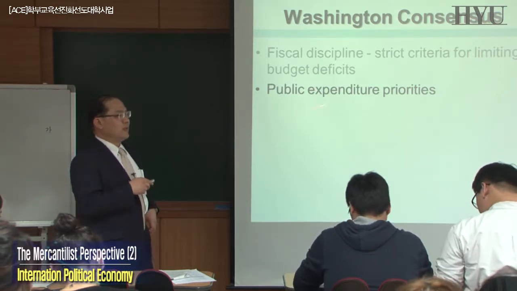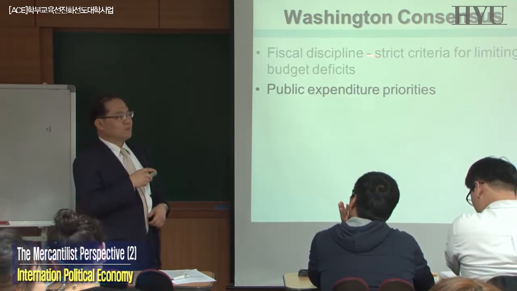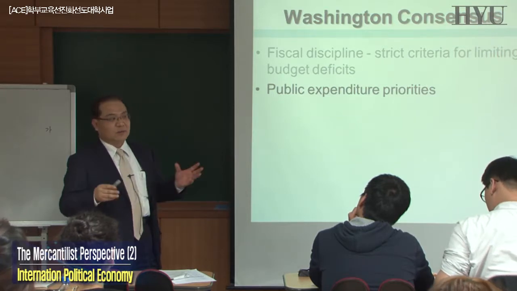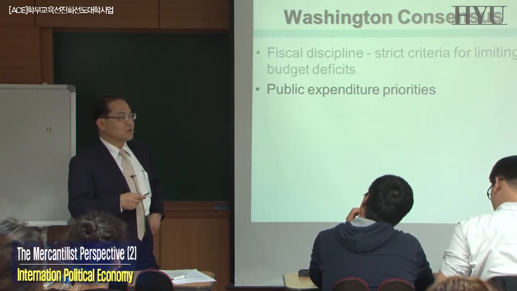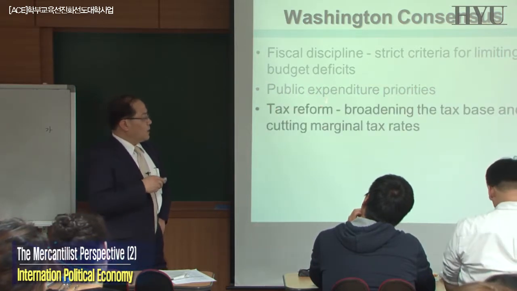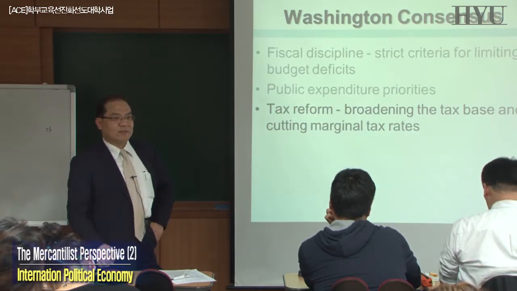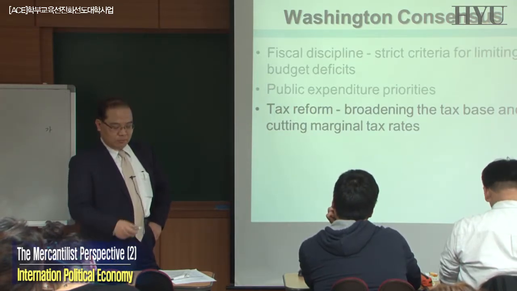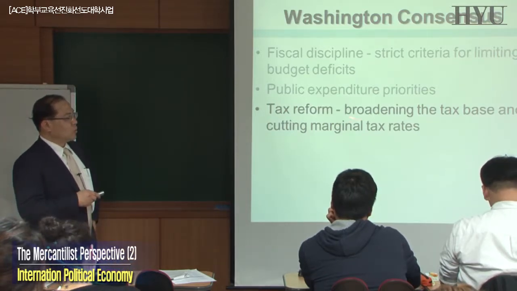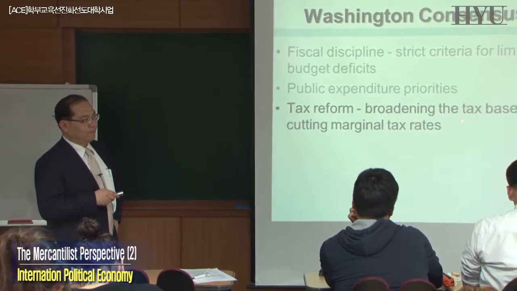The message here is that many developing economies have governments that are big spenders, which is wrong. Number 3, tax reform. To grow again, you need to cut taxes and broaden the tax base.